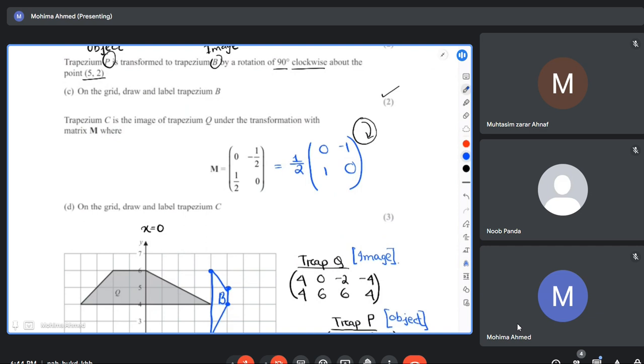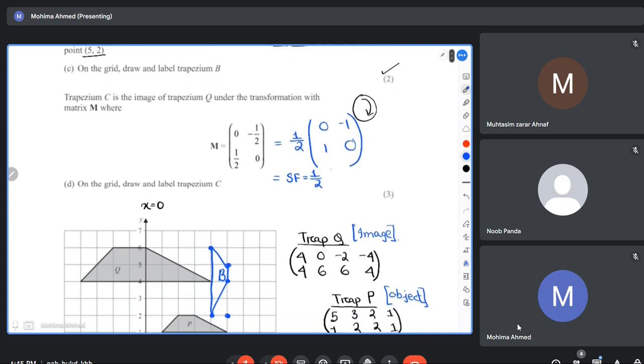This matrix combination, half with 0, minus 1, 1, 0, indicates that half is your scale factor. There was a scale factor of half, and 0, minus 1, 1, 0. This matrix indicates that trapezium C was an image of trapezium Q under the rotation of 90-degree anti-clockwise with scale factor half, and the center was 0, 0.